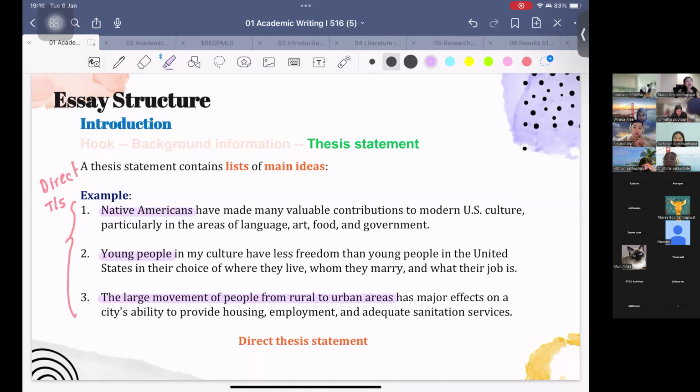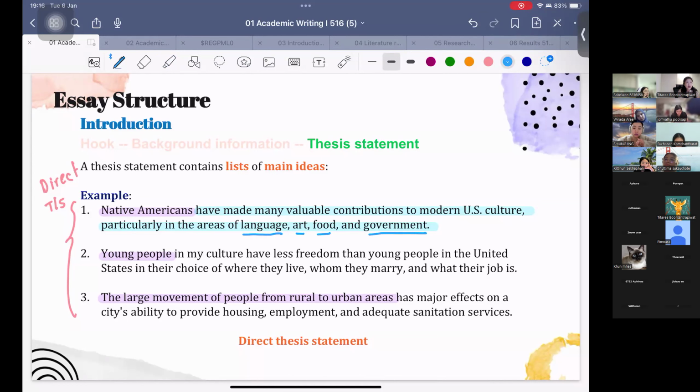The first one talks about Native Americans as well. However, if you read, Native Americans have made many valuable contributions to the modern U.S. culture, particularly in the areas of language, art, food, and government.